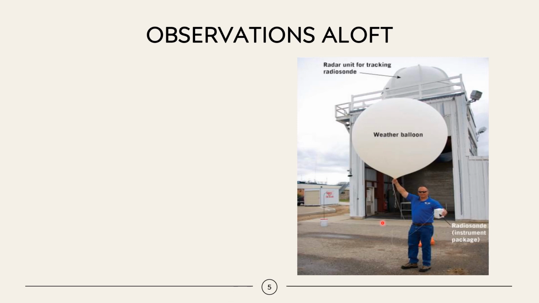What you can see in this picture is a radiosonde, a lightweight instrument package, which contains sensors to measure temperature, humidity, and pressure. These sensors are carried aloft by the weather balloon shown here. And this radiosonde also has a radar unit for tracking it, shown with this arrow.